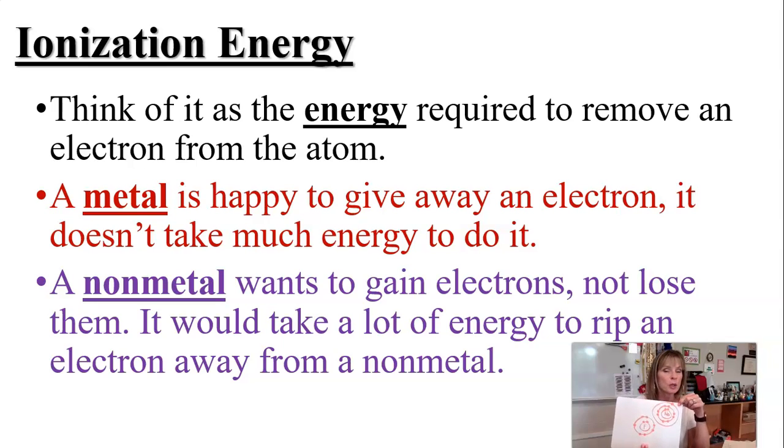It's easier to pull off 1 valence electron that's a little further away from the nucleus than it is to pull off 1 from fluorine, because fluorine's almost got 8. It does not want to give any up. It's very hard to remove electrons from fluorine. Okay, so a metal like sodium is happy to give away its 1 electron or 2 or 3 because it doesn't require a lot of energy to do that. Nonmetals want to gain electrons, so it takes a lot of energy to pull electrons from them.